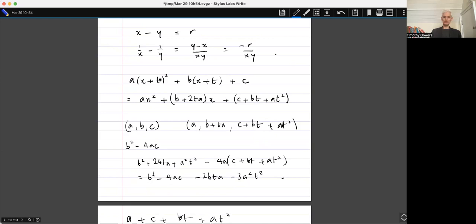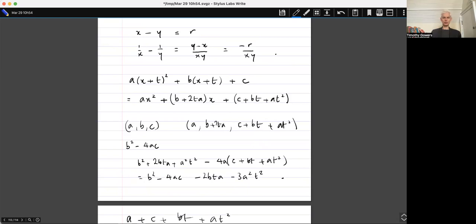I've definitely got an at squared here, and a bt and a c. I've definitely got a bx, and here I've got a 2xt times a. That really does seem to be... Oh, I made a mistranscription from here to here.